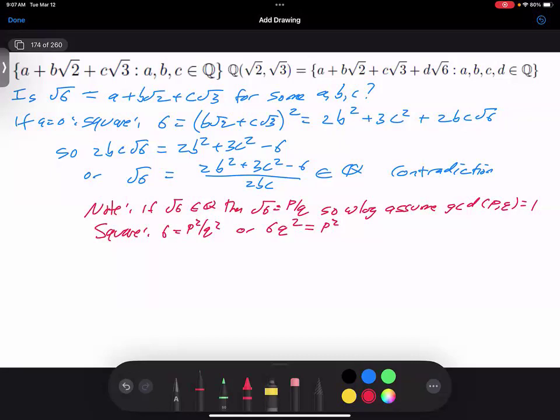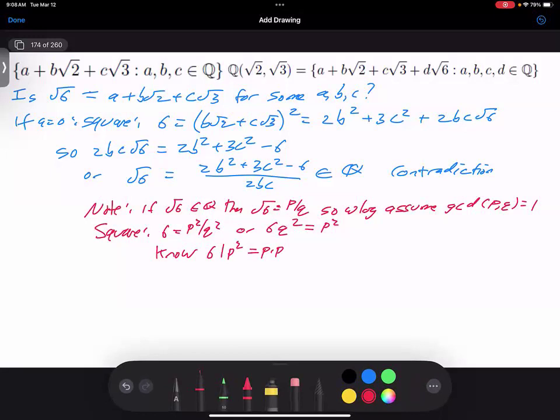Does 6 have to divide P squared? Yes. Why? It's just Q squared. How can you deduce that 6 divides P times P? So we know 6 divides P squared, which is P times P.